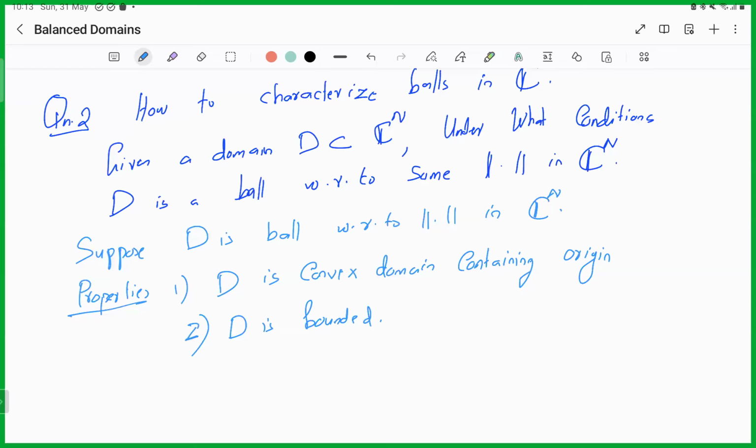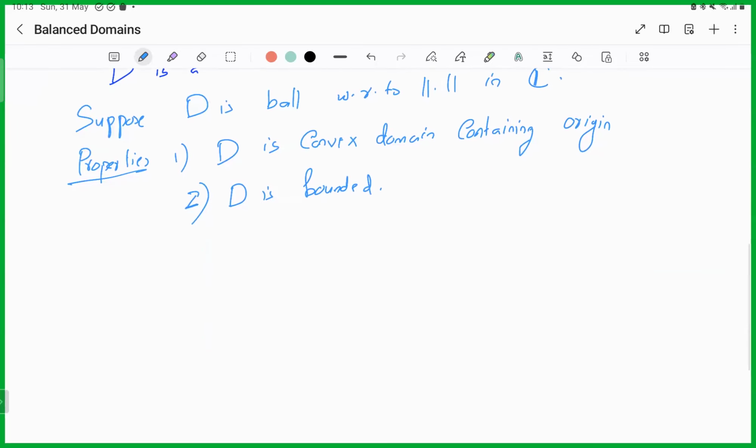You can respond. Even though this is not a typical class, we can interact. If you have a question, you can ask. I can also ask questions, so we can interact. My question is, do these two properties characterize the ball in C^n with respect to some norm? If domain D satisfies these two conditions... Maybe the question is something like that. I don't know.